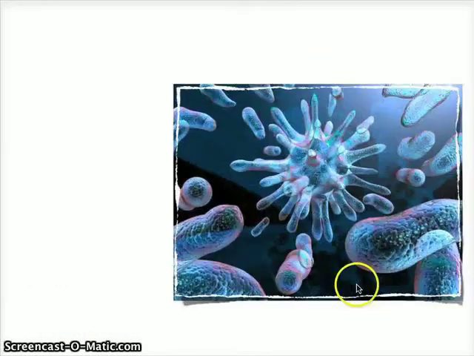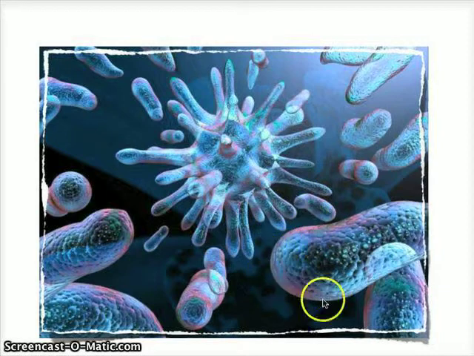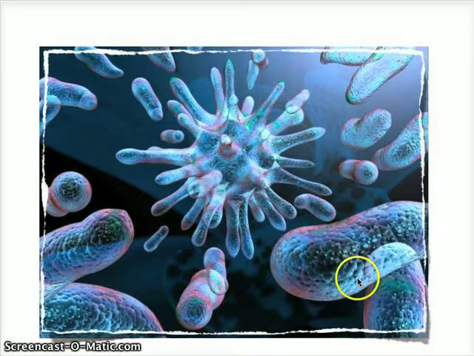Another example is this image of an antibiotic-resistant bacteria. And this is the bacteria, and this is the other quote-unquote normal forms of bacteria. Even though this is a computer-generated image of a bacteria, this is actually happening now.